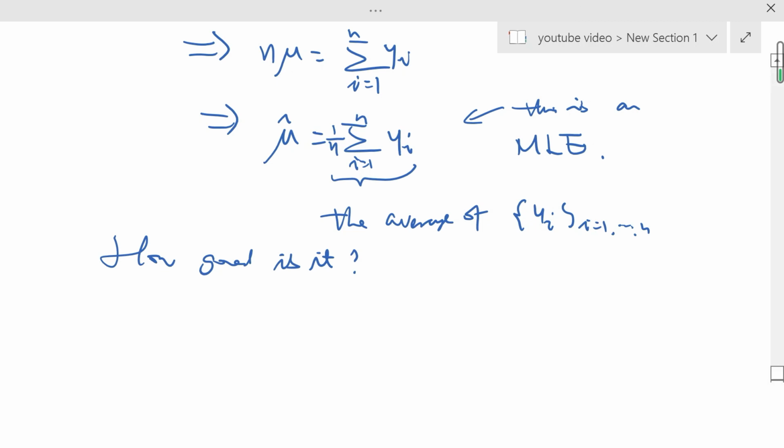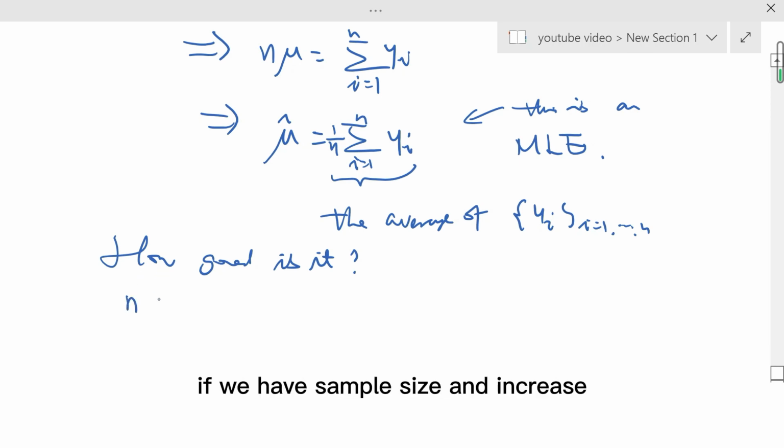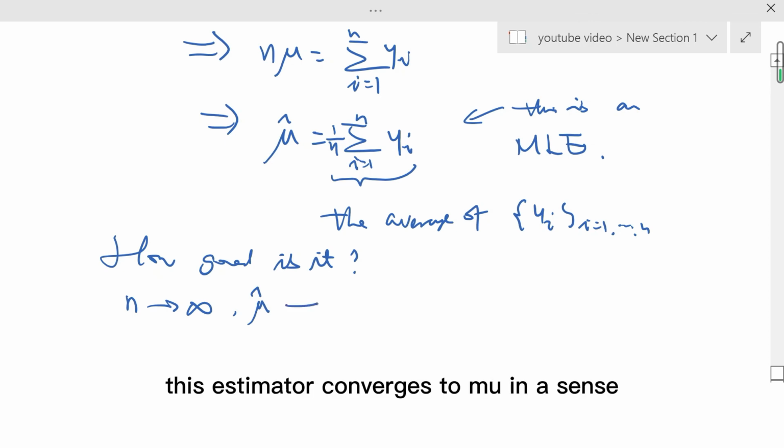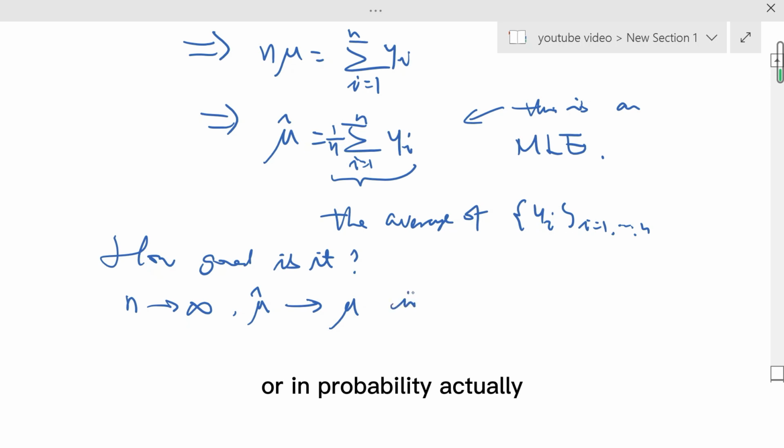Here's what we mean by good. If the sample size increases to infinity, we want this estimator mu hat to converge to mu, in probability at least.